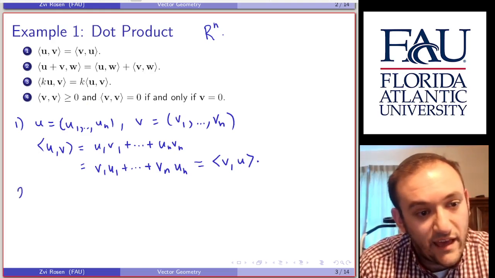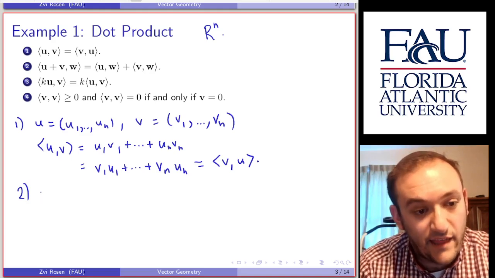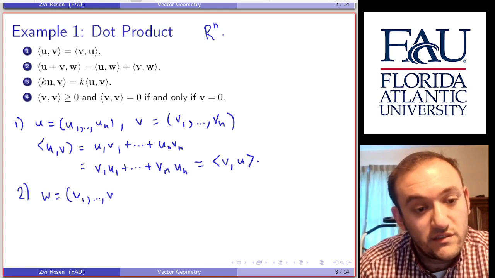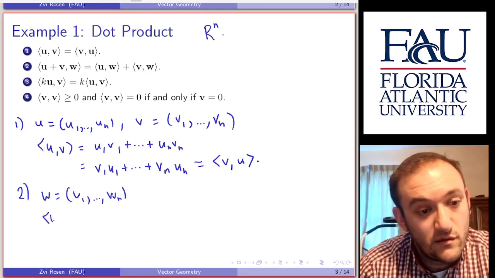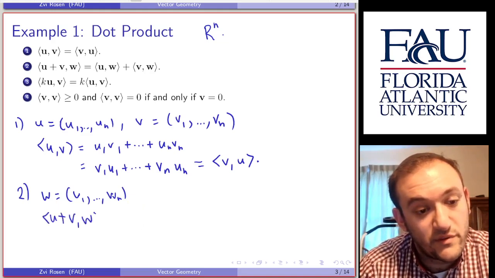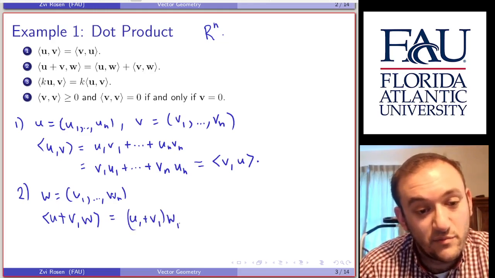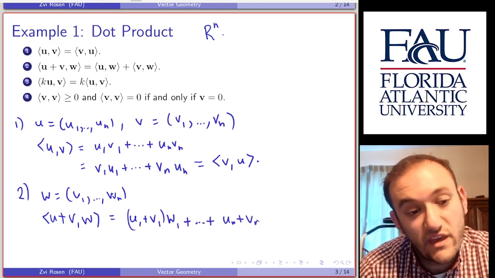So let's look at property 2. Okay, so here we're going to add in w, which will be w1 through wn, and we have the inner product of u plus v with w is going to be (u1 plus v1) times w1 plus up to (un plus vn) times wn.